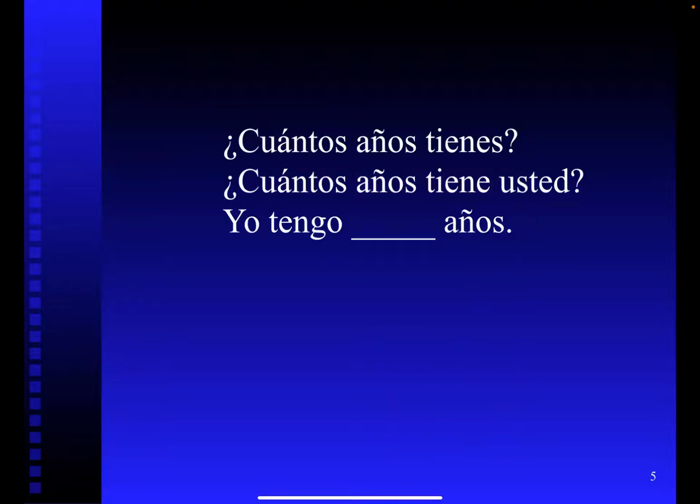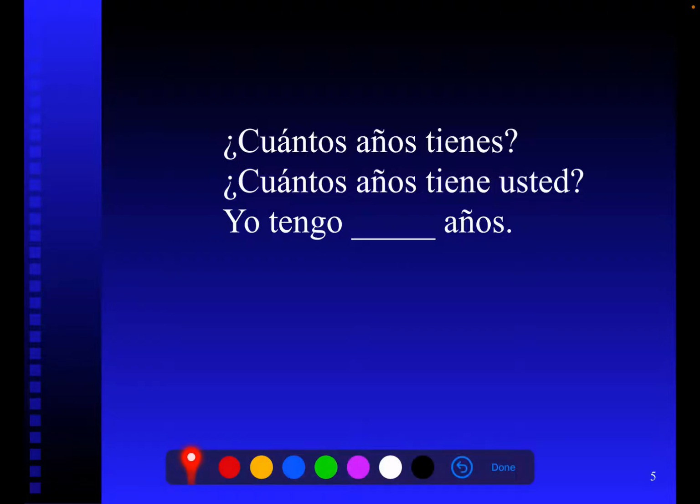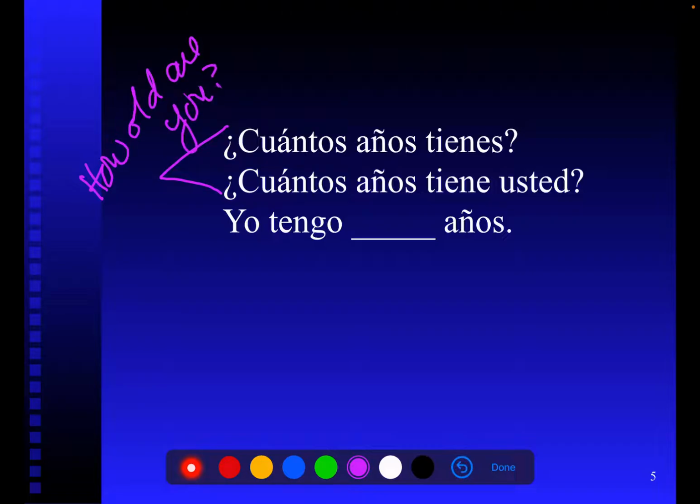Speaking of your age, this is the question. So if you want to ask how old are you, you're going to use one of these 2 questions if you're talking to one person. If you are talking to someone with whom you would use tú, your question is going to be ¿Cuántos años tienes?